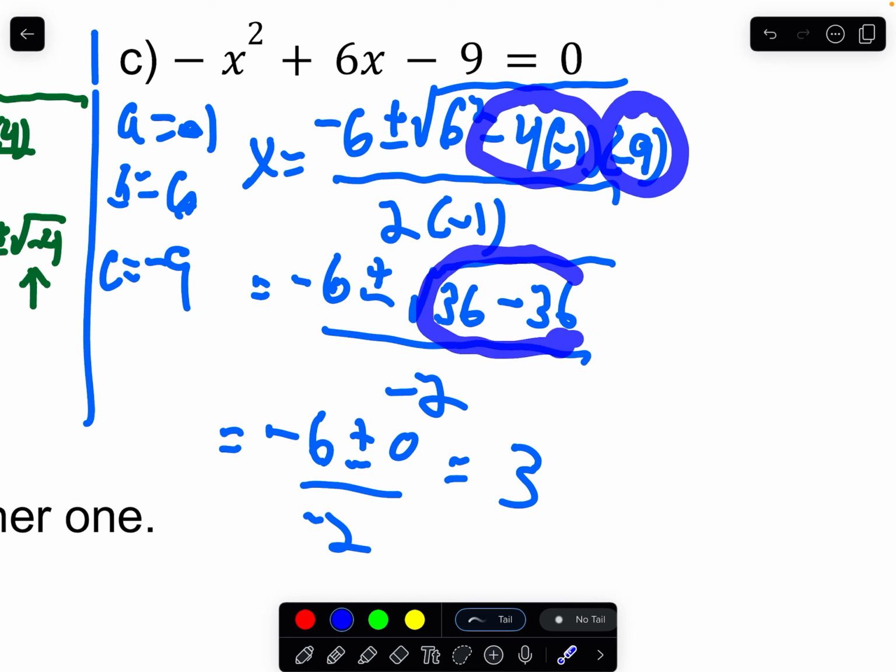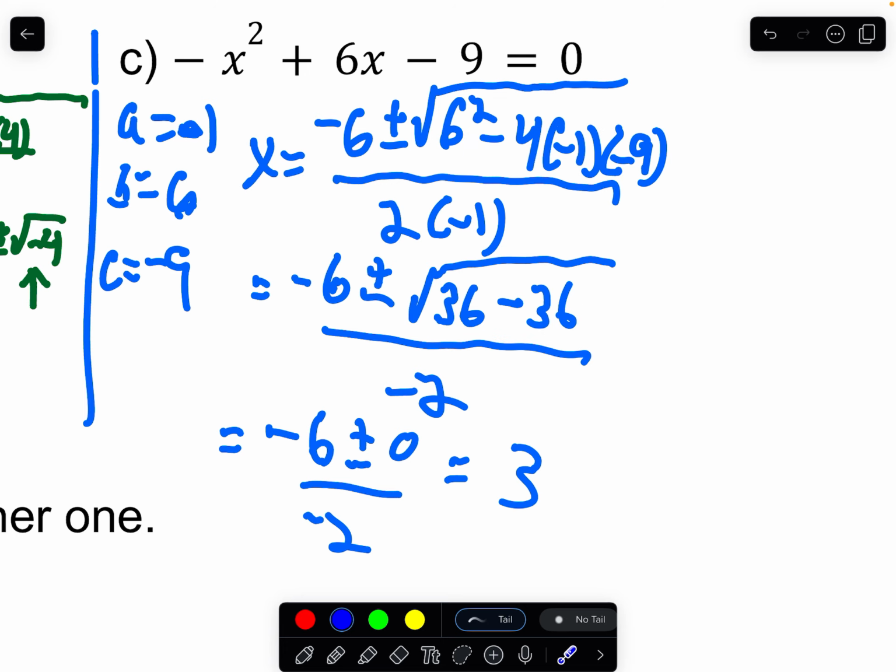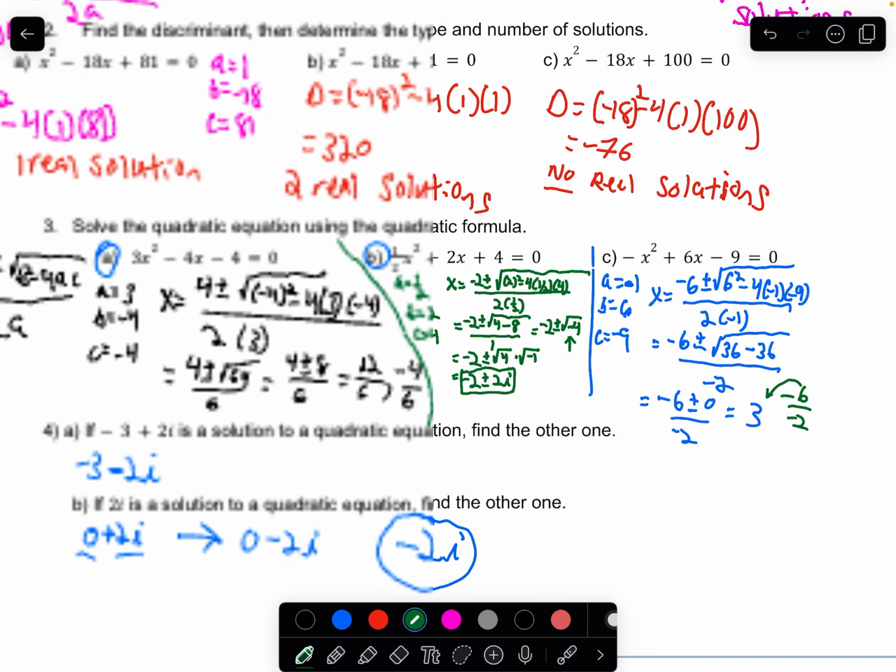So we end up with that. But we know 36 minus 36 is 0, and we know the square root of 0 is 0. So it becomes negative 6 plus or minus 0 over negative 2. This gives us, and I didn't write it, negative 6 over negative 2, which equals a positive 3. One real solution. All right?